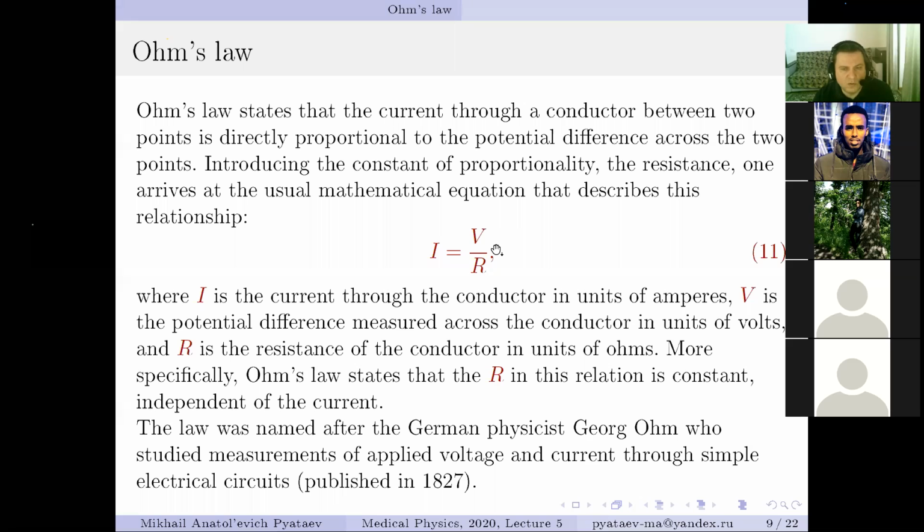And this is used in the measurement of potentials produced by the heart in the ECG theory.